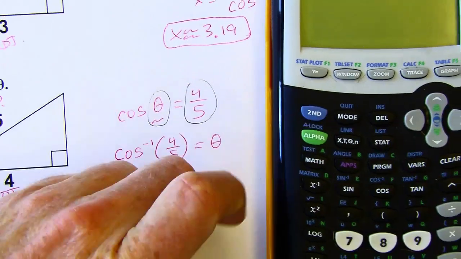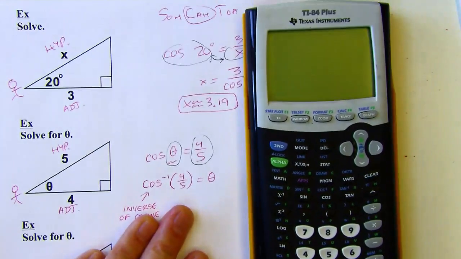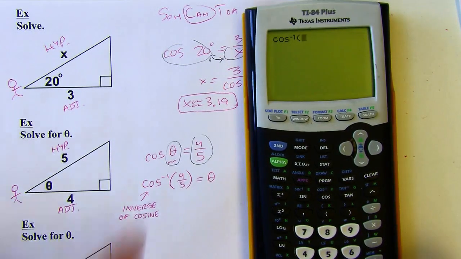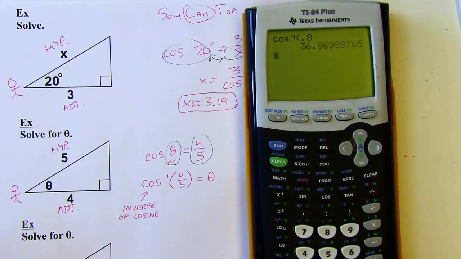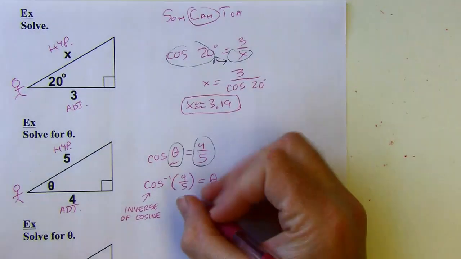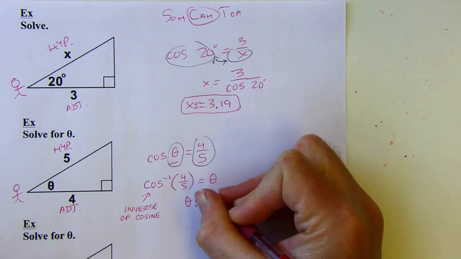So let me zoom out again. In almost all calculators it works like that. So I'm taking the inverse cosine of 4/5, which I could type in 4 divided by 5, or it's just 0.8. It's the same thing, right? And I got about 36.87. So that means, since I'm in degree mode, this is going to be about 36.87 degrees.